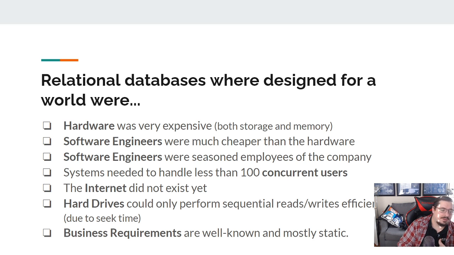Okay, and requirements as it stands, they change very, very often, and that's why we switched largely over to Agile to try and adapt to those things. Okay? Questions? Nope.